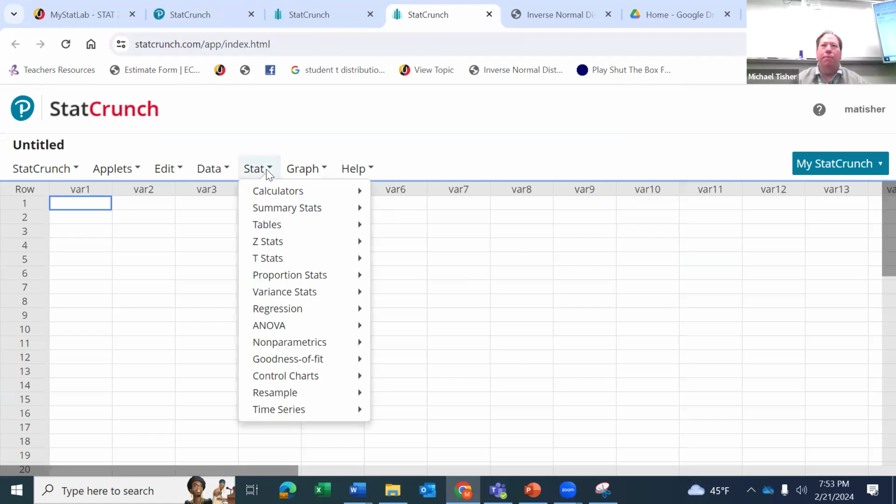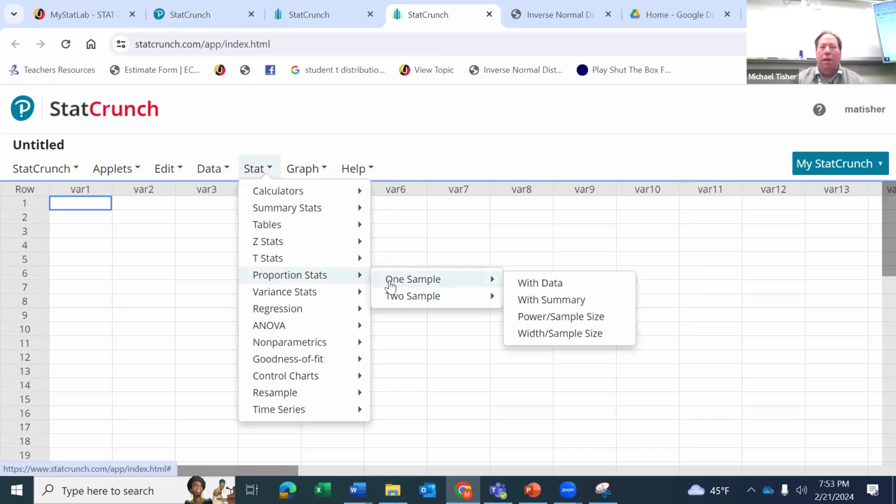Now we're doing a percentage, right? So choose Proportion Stats. And the sample is just this one sample of each of you in this classroom, so choose One Sample. We don't have the data, so just choose With Summary. So Stat, Proportion Stats, One Sample, With Summary.